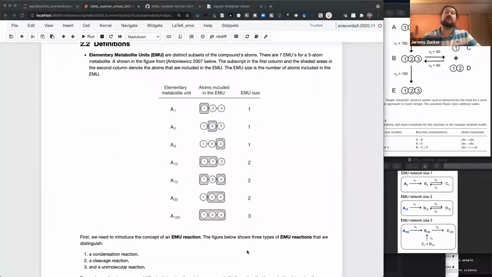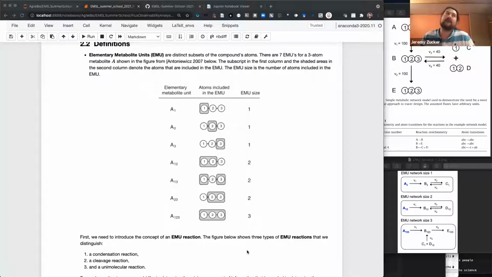But you save a lot, right? This is still better than the old way of performing metabolic flux analysis, which was with isotopologs. This is still exponential, but it's a much slower exponential than previous ways of doing things. So it is actually possible, and it has been done, to do 13C MFA at genome scale.